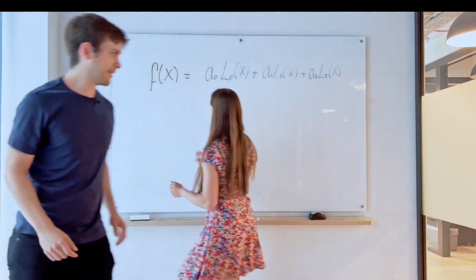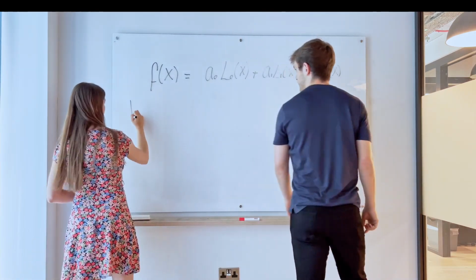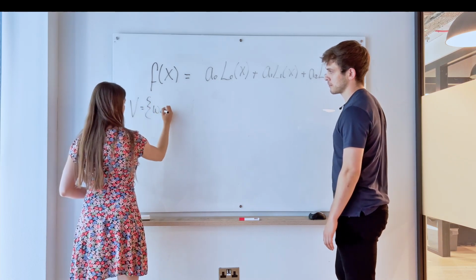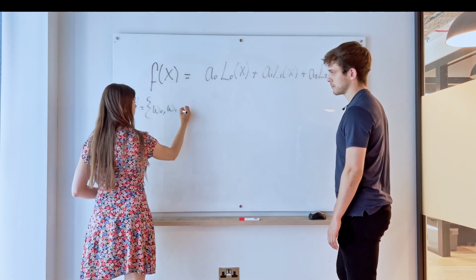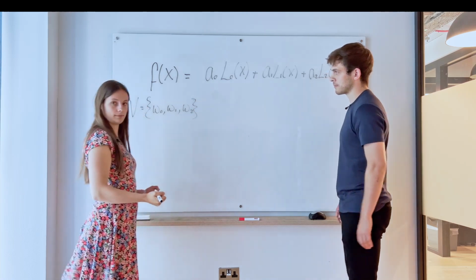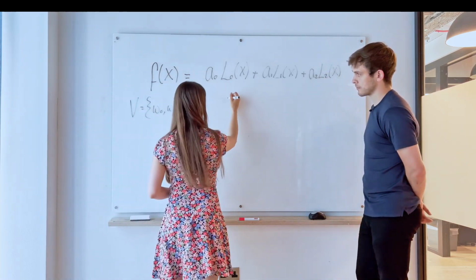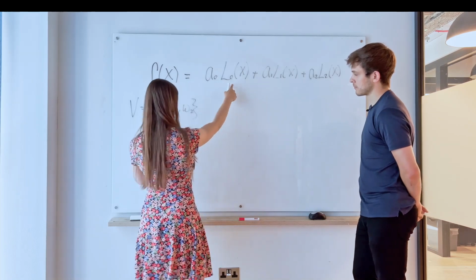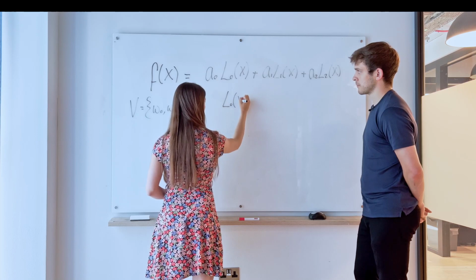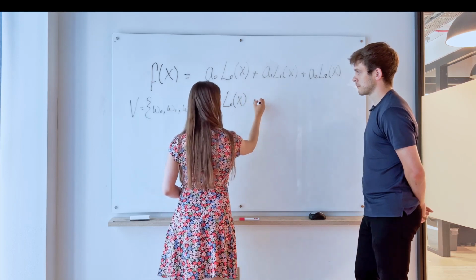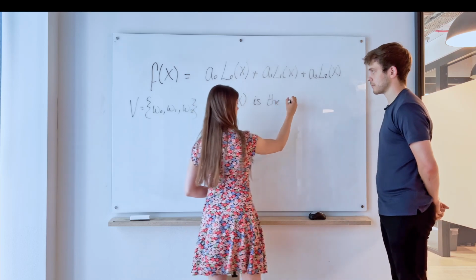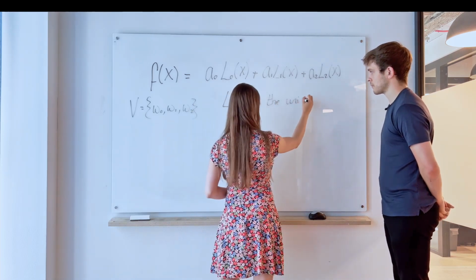V is equal to the set omega 0, omega 1, omega 2. And we have that L0 of x is the unique polynomial. There's only one of them.